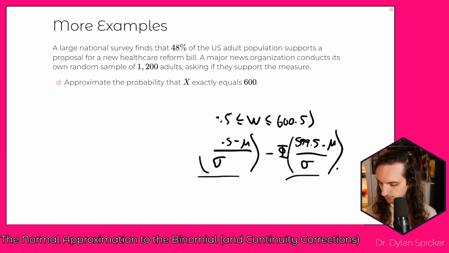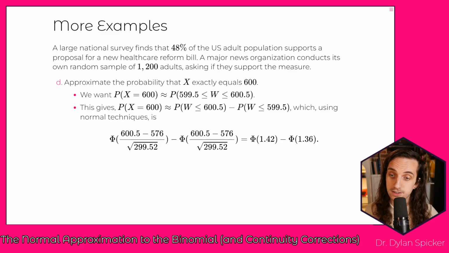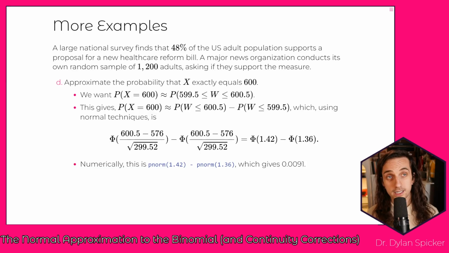If we work out what these values actually are, the probability that x is equal to 600 is approximately the same as W being between 599.5 and 600.5. Plugging into this gives us the difference between phi of 1.42 and phi of 1.36. Plugging into p-norm, that's p-norm 1.42 minus p-norm of 1.36, and so that's going to give us 0.0091 as our approximation.